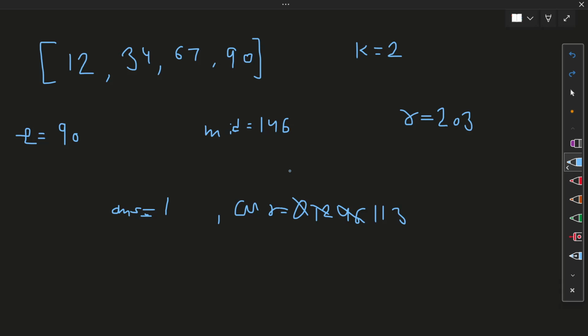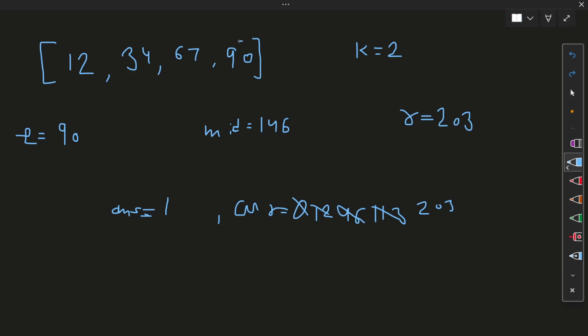Then if the first person wants to read the fourth book also, then we get 203, which exceeds the maximum number of pages that we can allocate to one single person. So he cannot read the fourth book.